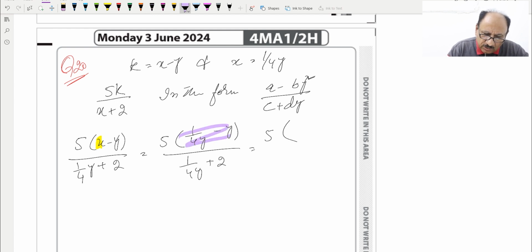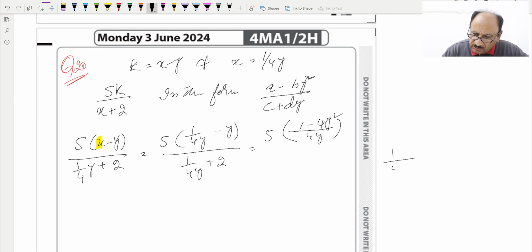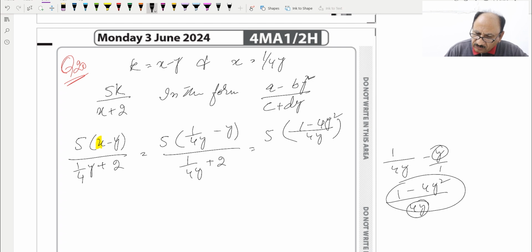We can write 4y here, and this will be 1 minus 4y square. If you want an explanation, we take 4y here, 1 is 1, and 4y multiplied by y is 4y square. So this is how we have written 1 minus 4y square over 4y.